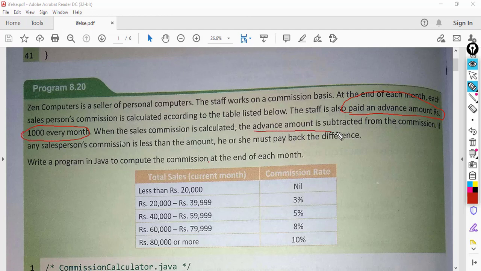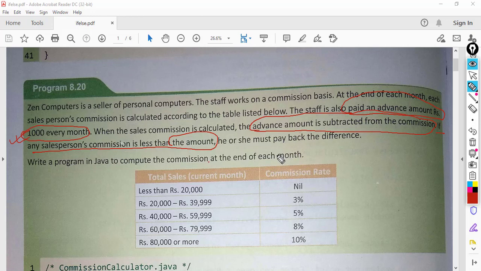Then the advance amount is subtracted from the commission, and then if any salesperson commission is less than the amount, which amount? This amount, 1000, he or she must pay back the difference.